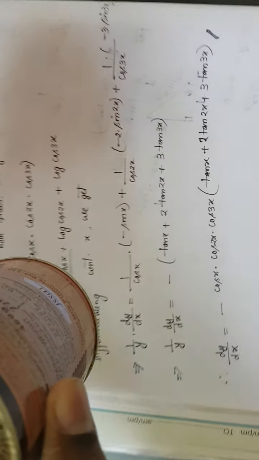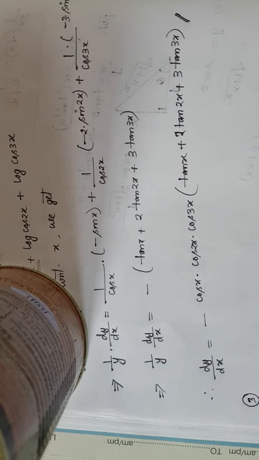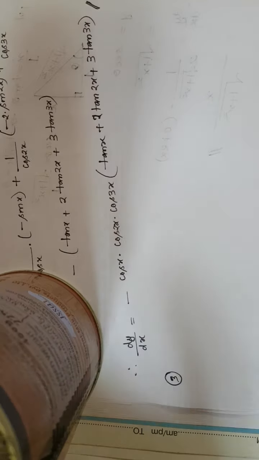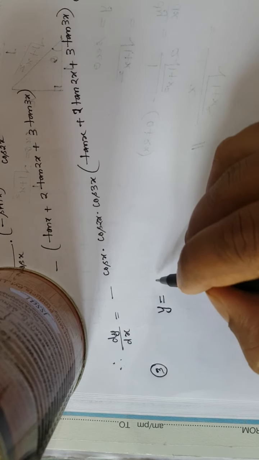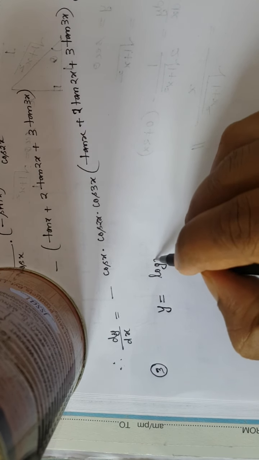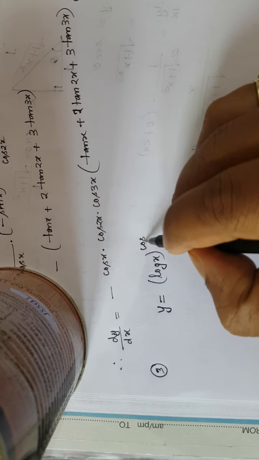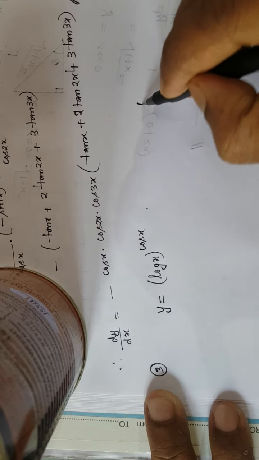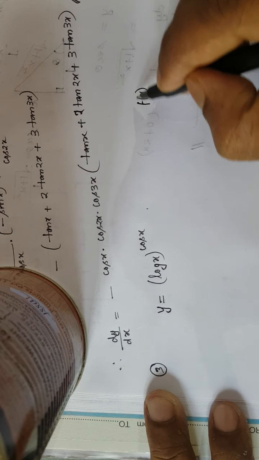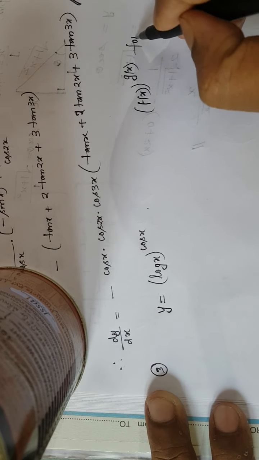Now number 3, you are given y is equal to log of x to the power cos x. This is called f of x to the power g of x form.